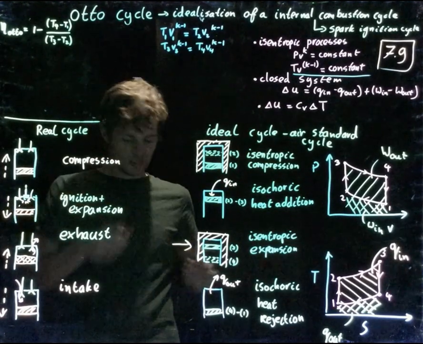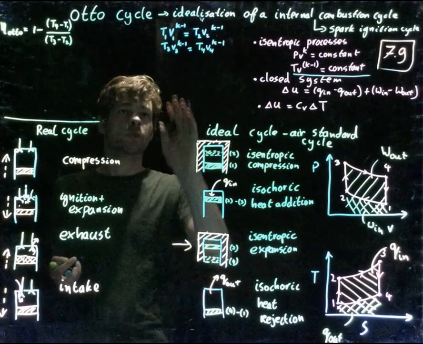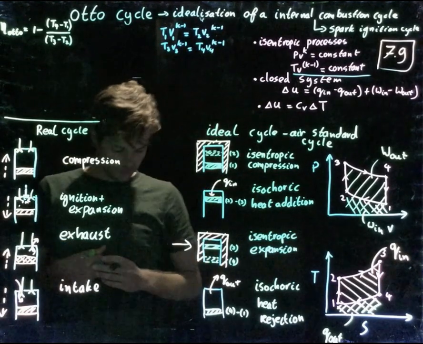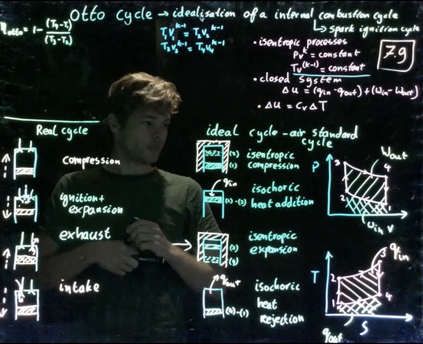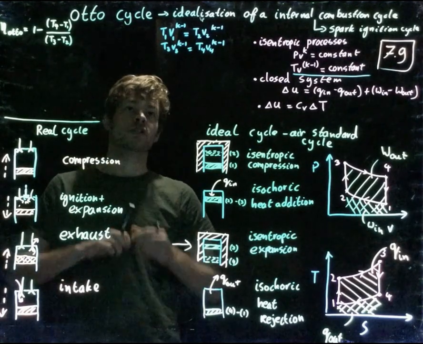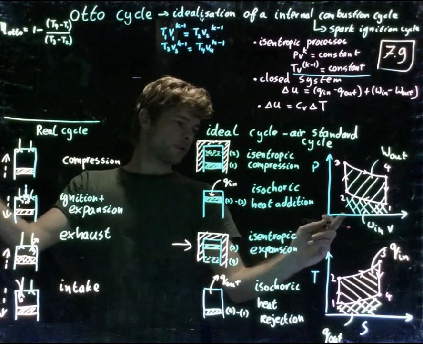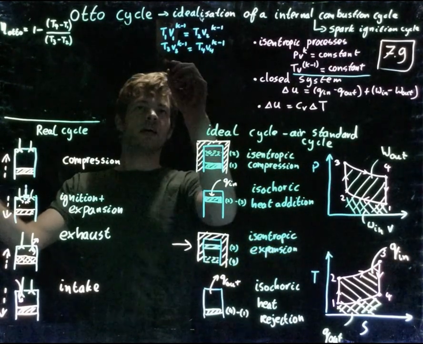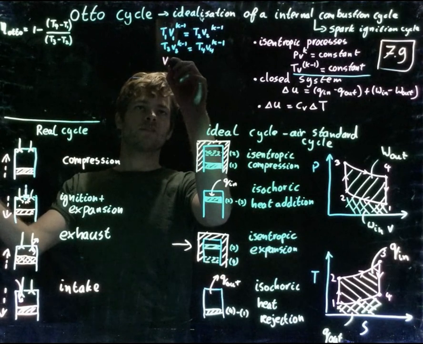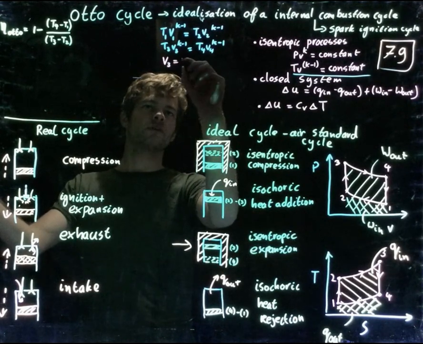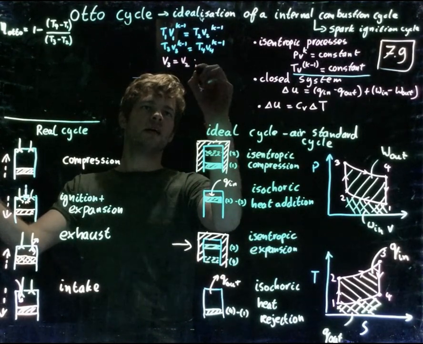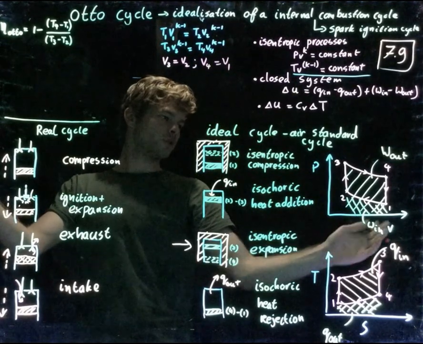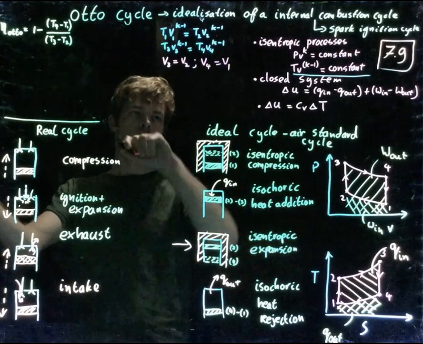And if you rearrange this, it will lead us to an equation relating T1, T2, T3 and T4. We know that we have isochoric processes as well, from 2 to 3 and 4 to 1. And from these processes we can say that V3 will be equal to V2, and V4 will be equal to V1, as you can see over here.